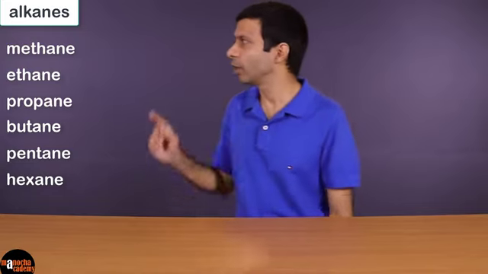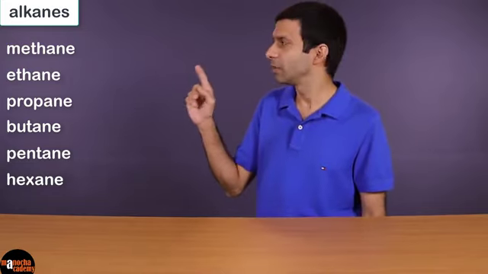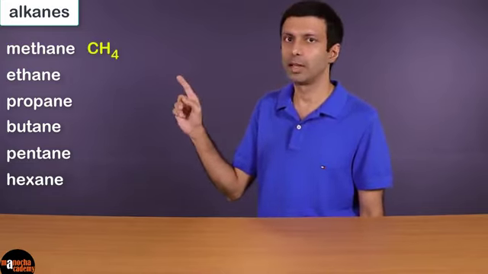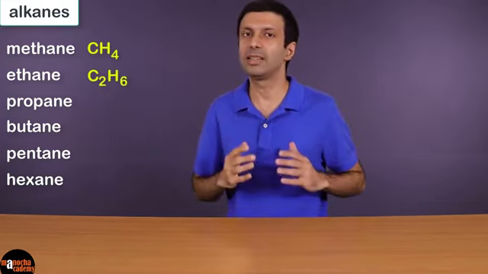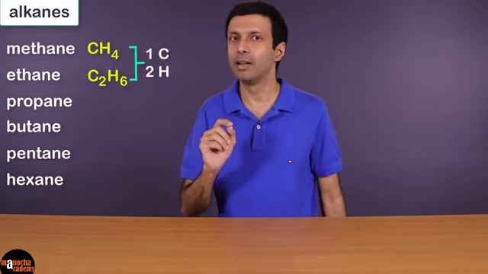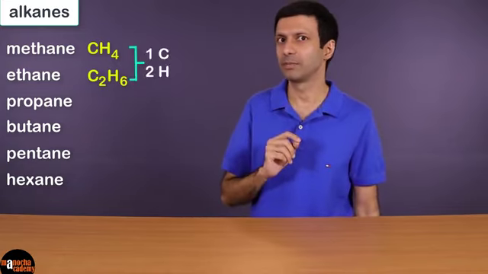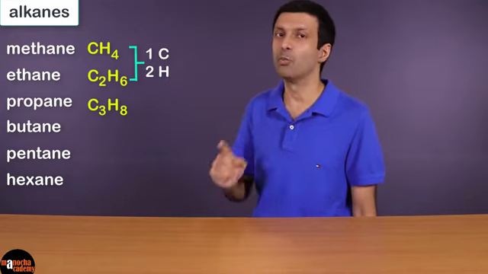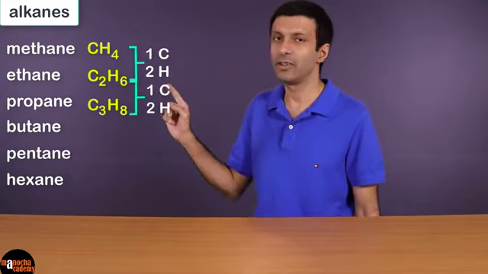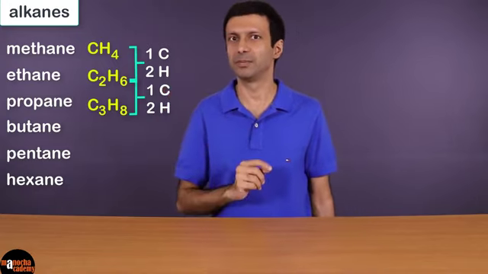Now if you look at the molecular formula, methane is CH4 and ethane is C2H6. So can you see that they differ by 1 carbon and 2 hydrogen atoms. Similarly, when you go from ethane to propane, again 1 carbon and 2 hydrogen atoms get added.